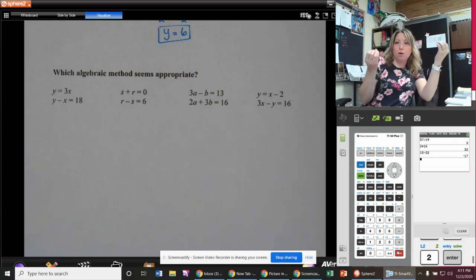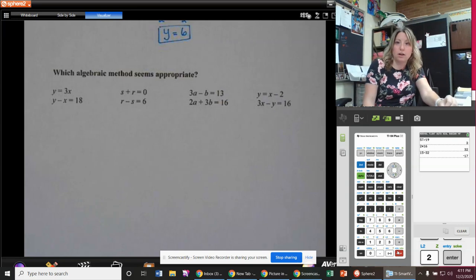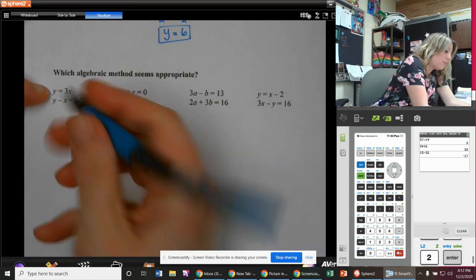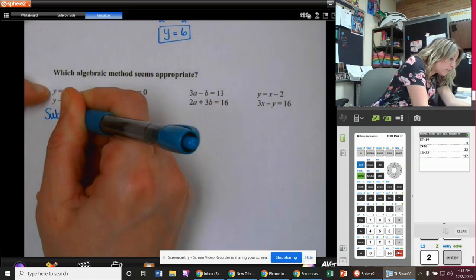If you have a variable that is alone on one side of the equal sign, it's substitution. So here, I already have y equals 3x. I already know what y is equal to. So this lends itself to substitution.